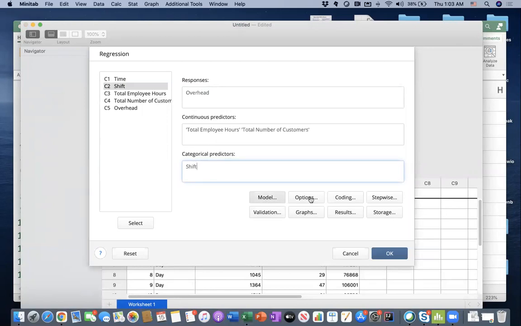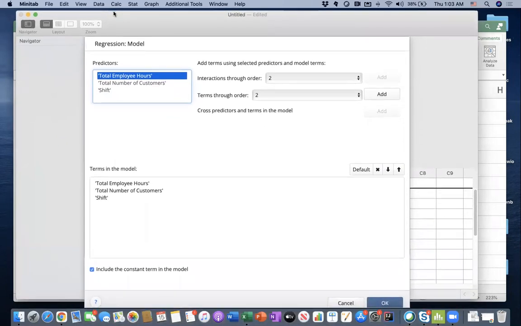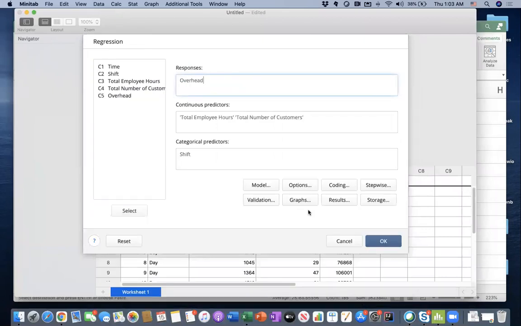Let's click on these options to see what we have. We are not going to touch this, but if you are interested in, for example, studying the impact of total employee hours and total number of customers or shift on each other, you can cross them here with these settings. For this implementation, I'm not going to do that.